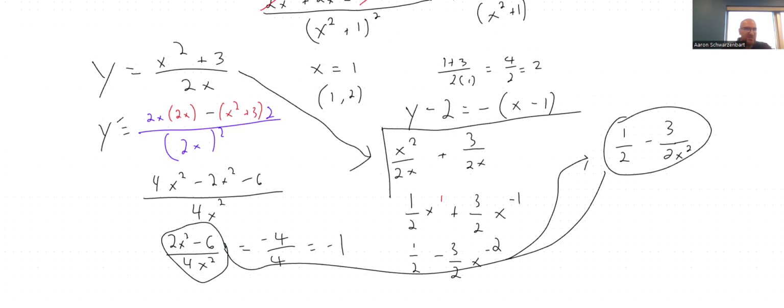Okay, higher order derivatives, second derivatives, third derivatives. You just take the derivative of the one before it. So if I have this equation, y equals x cubed minus 5x squared plus 2, I can take the derivative: 3x squared minus 10x.